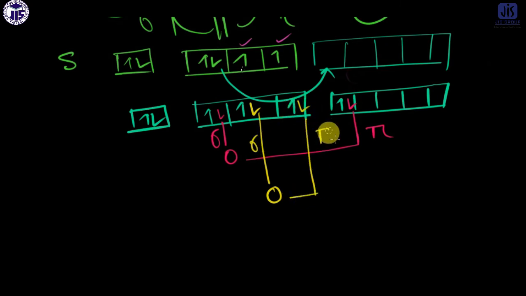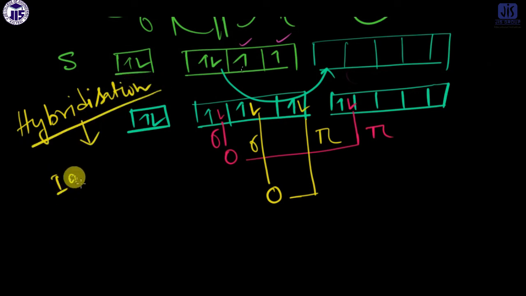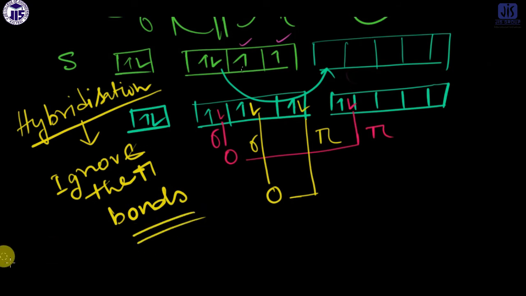So you have to keep in mind, when you are considering the hybridization, ignore the pi bonds. That means two pi bonds are formed here, one is this pi bond, another is the other pi bond. We will not consider them during the hybridization, just forget about these two pi bonds.